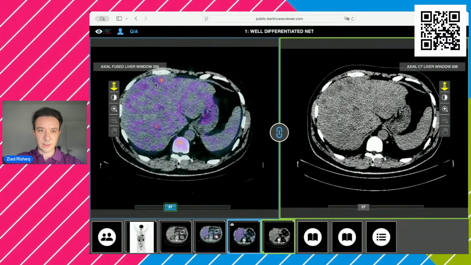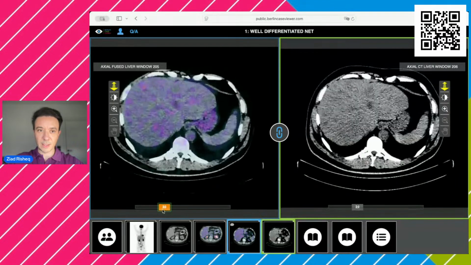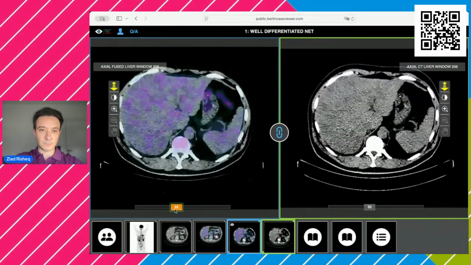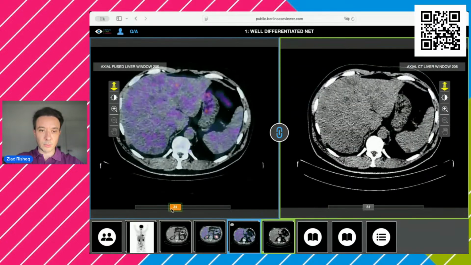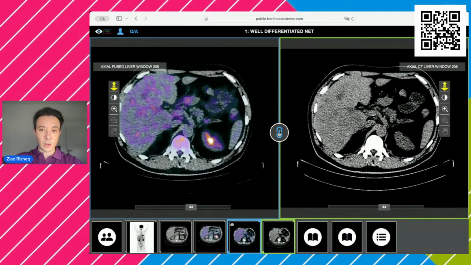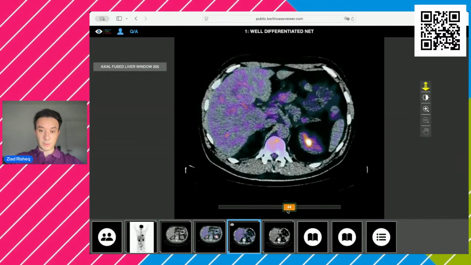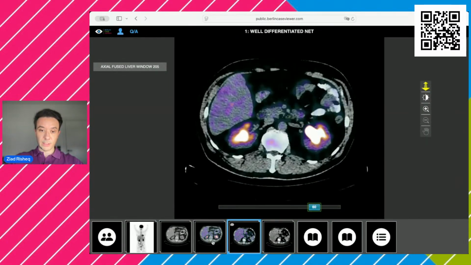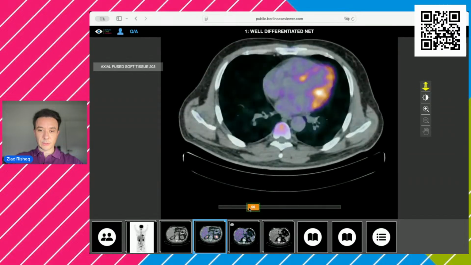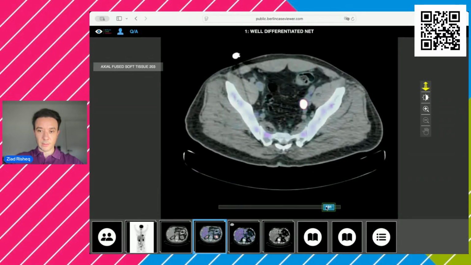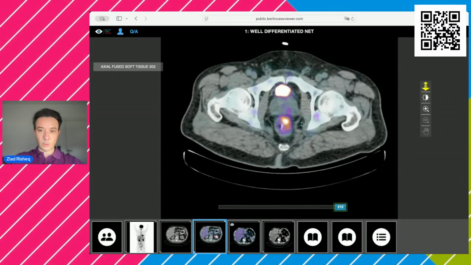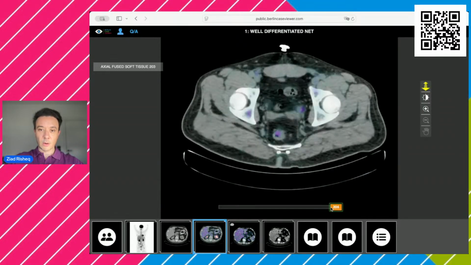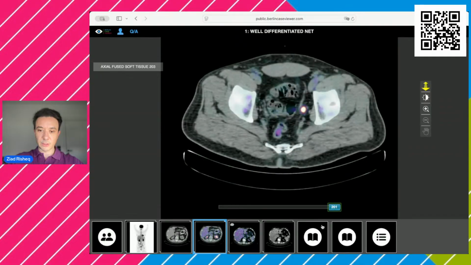For example, this one here is showing a bit of uptake, and it is involving both lobes. So what we're looking at is a probable rectal lesion. Let me just go back to the rectal lesion. We probably have an abnormal uptake here in the rectum. There is a bit of thickening, and we have mesorectal or regional fat infiltration.